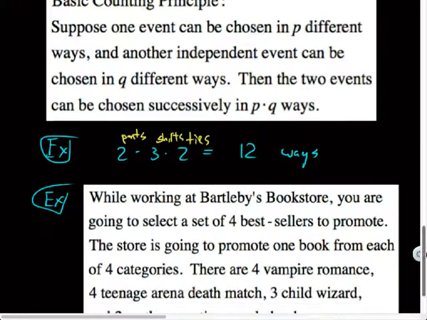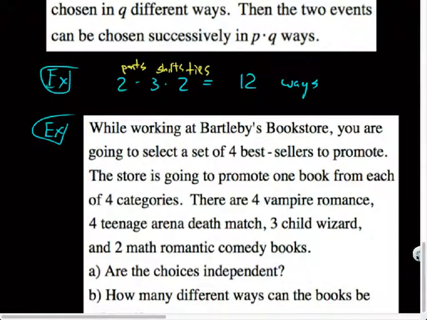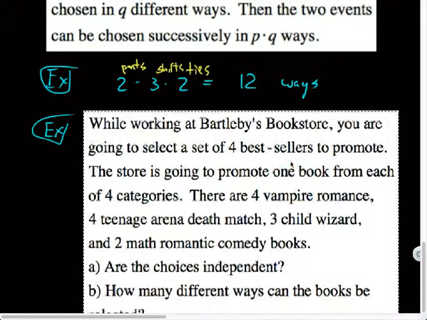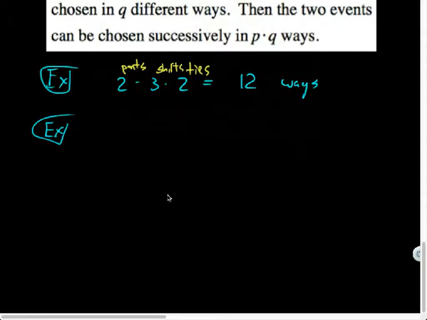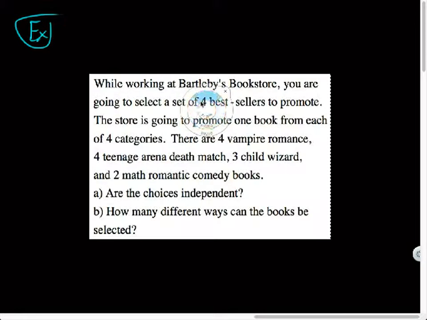Oh, it's cropped off. I'll fit it over here. It'll be fine. P times Q. That's all. P times Q.